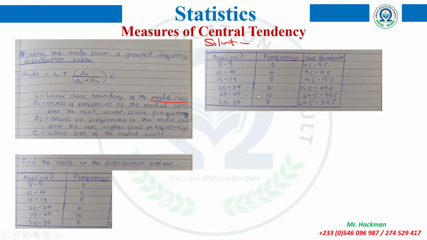You will be adding to the columns as and when you need them. In this case, I have my 2 columns given, but in terms of experience, I know that I'll be dealing with the modal class and also with class size. Class size is calculated in terms of the boundaries. You remember?